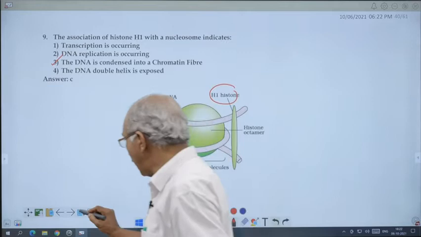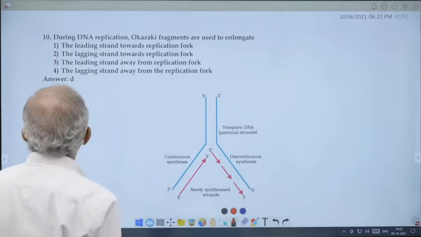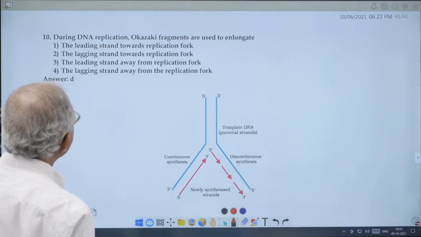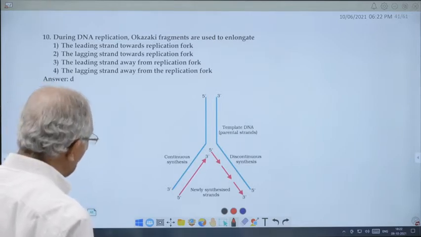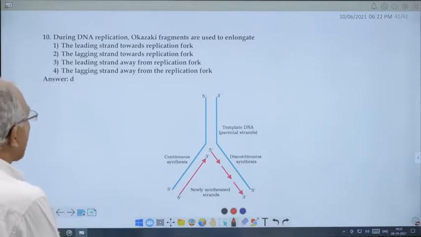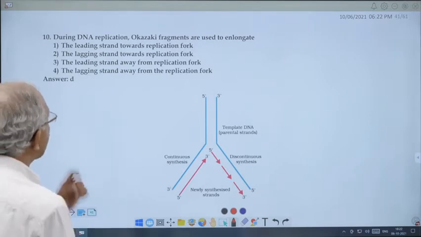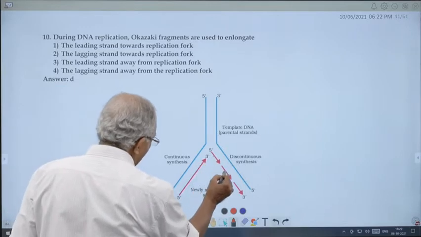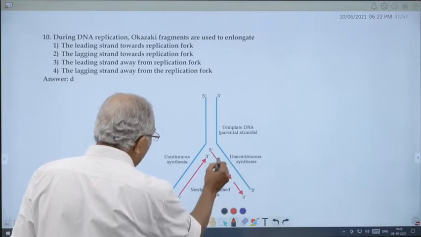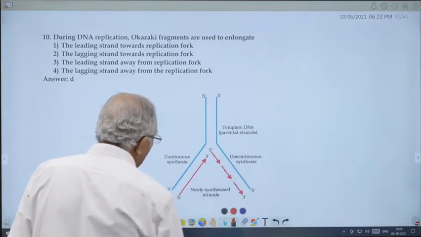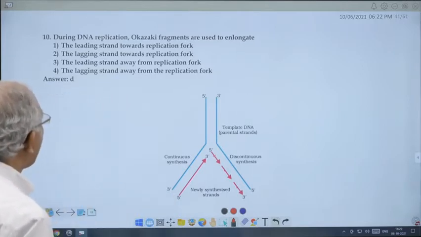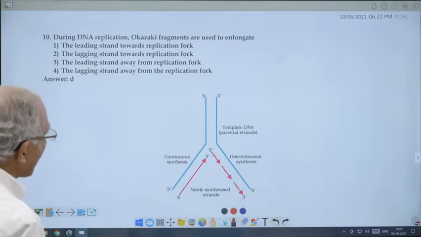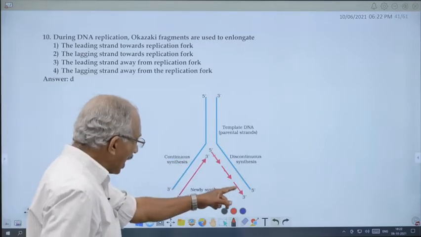Question number 10. During DNA replication, Okazaki fragments are used to elongate the lagging strand.